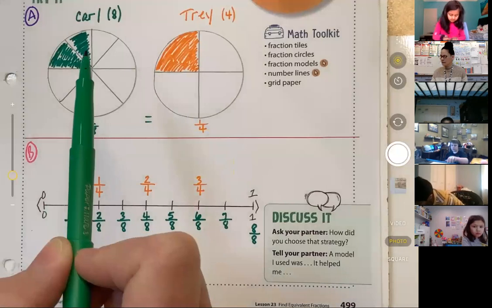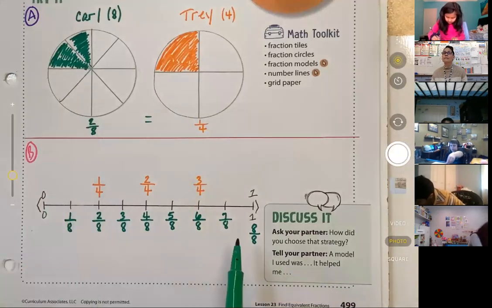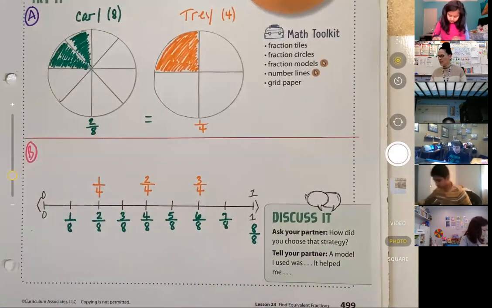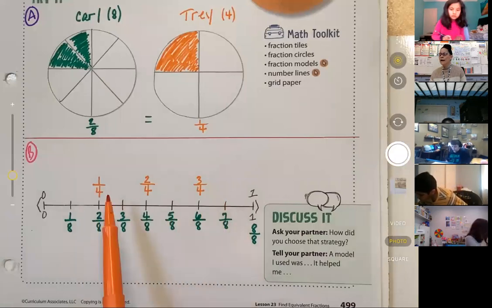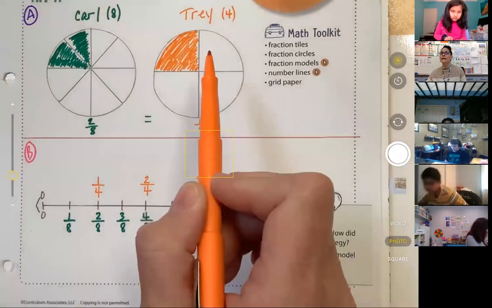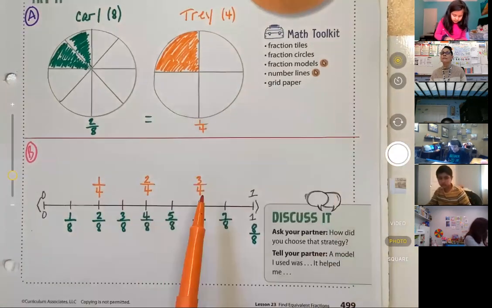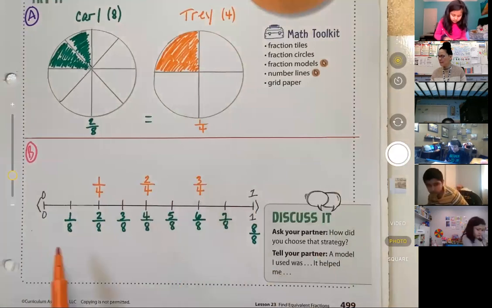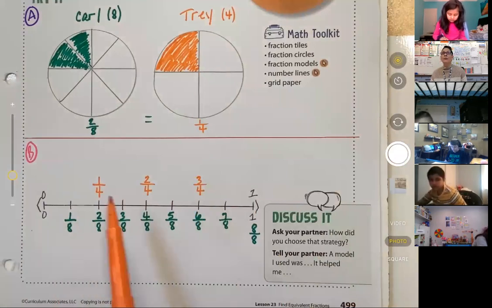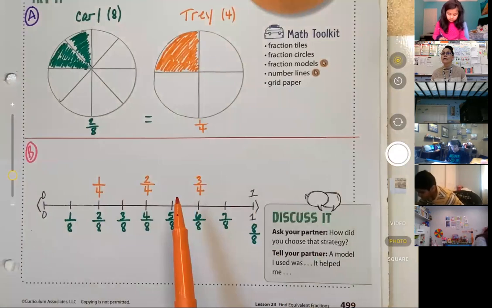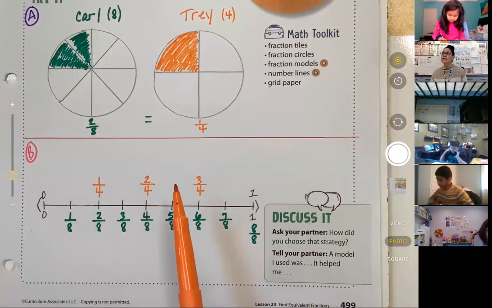Just a different way to model it. And then you can see up at the top, the number line is marked into 4ths in orange. Why? Because Trey's orange is cut into 4ths. So I took the same whole, and on the bottom, I represented Carl. On the top, I represented Trey. Carl is 8ths, Trey is 4ths.